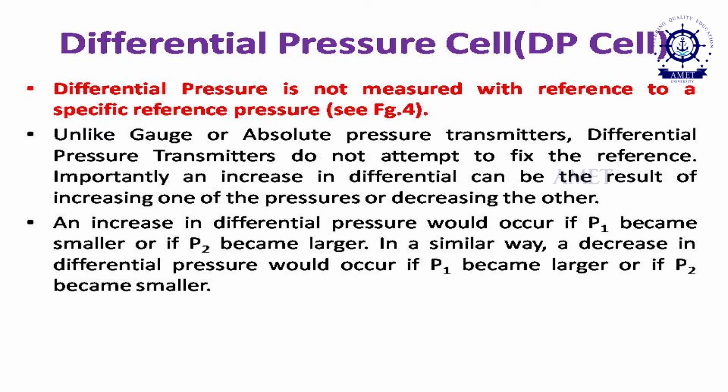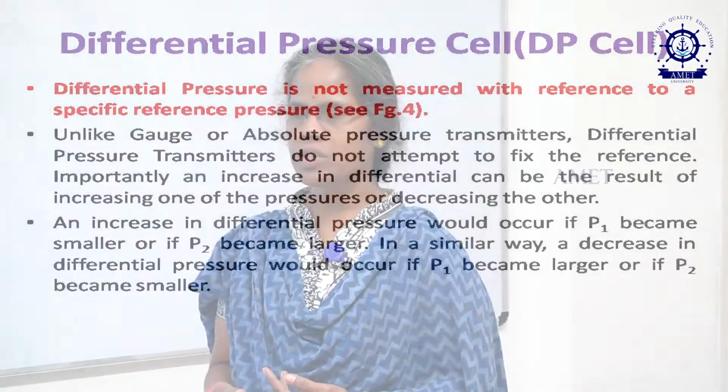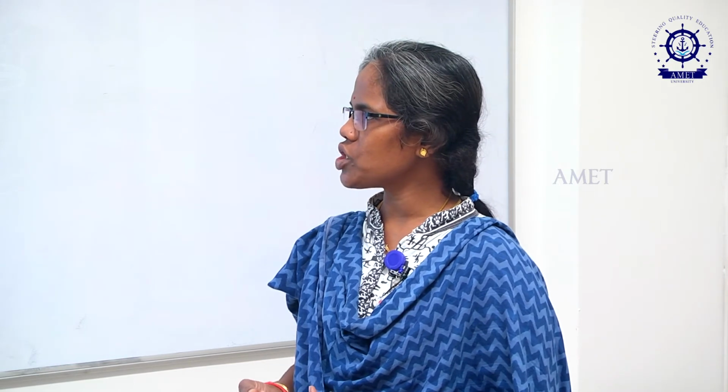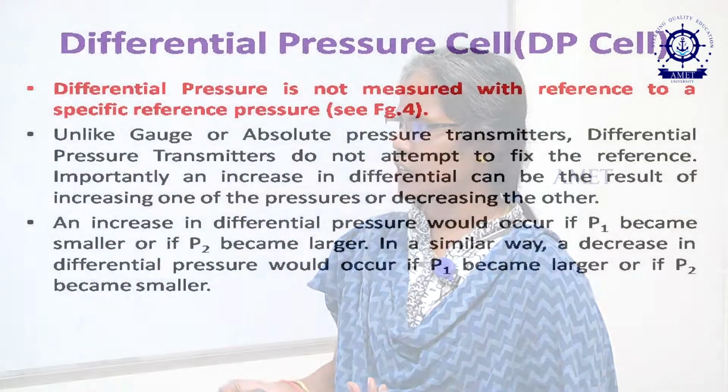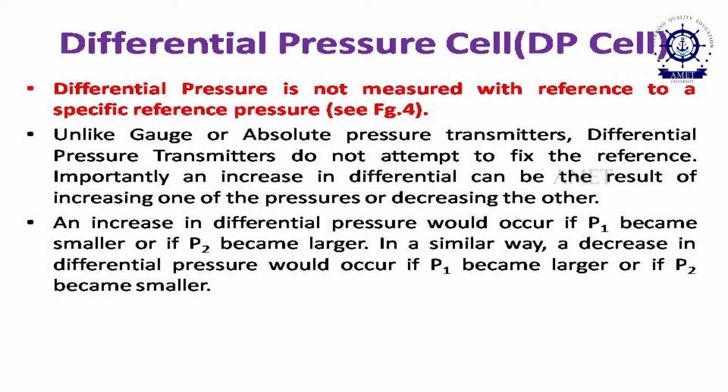Differential pressure is not measured with reference to a specific pressure. Unlike gauge or absolute pressure transmitters, differential pressure transmitters do not attempt to fix a reference. Importantly, an increase in differential pressure can be the result of increasing one pressure or decreasing the other. An increase in differential pressure would occur if P1 becomes smaller or P2 becomes larger.